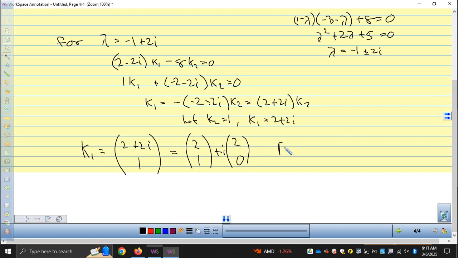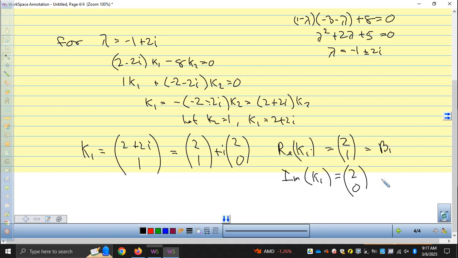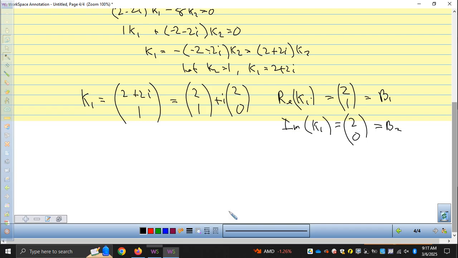So the real part of k1 is (2, 1). The imaginary part of k1 is (2, 0). So this is B1, and this is B2 in the formula that we gave, or the form of the solution, if you want to think about it that way.